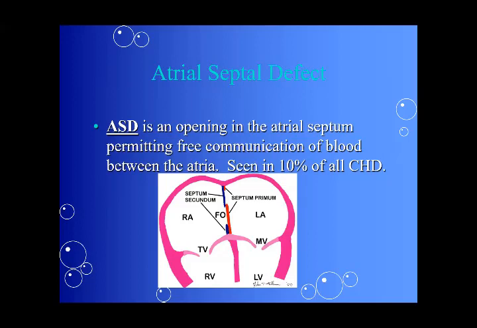The septum primum rises upward, and the septum secundum grows downward, and between these two is the foramen ovale. This foramen ovale allows the movement of blood from the right atrium to the left atrium in the fetal circulation. If the septum primum or the septum secundum fail to meet in the middle, they result in a cavity formation there, and this cavity then serves as the atrial septal defect.